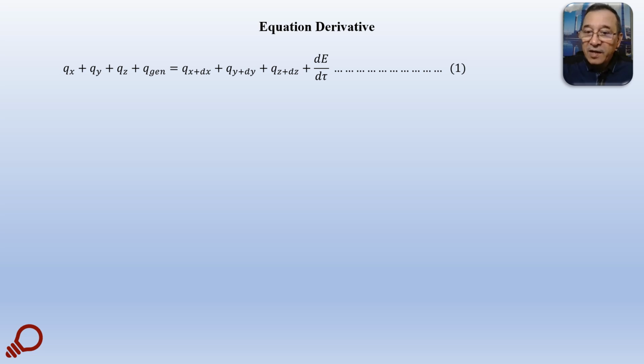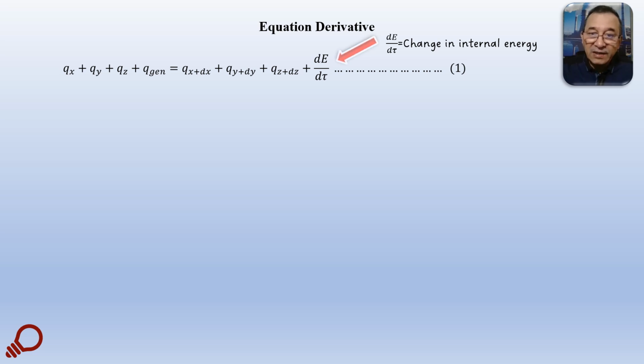And if there is any energy accumulated in the body, then we will have dE over d tau, which represents the change in internal energy in that element.